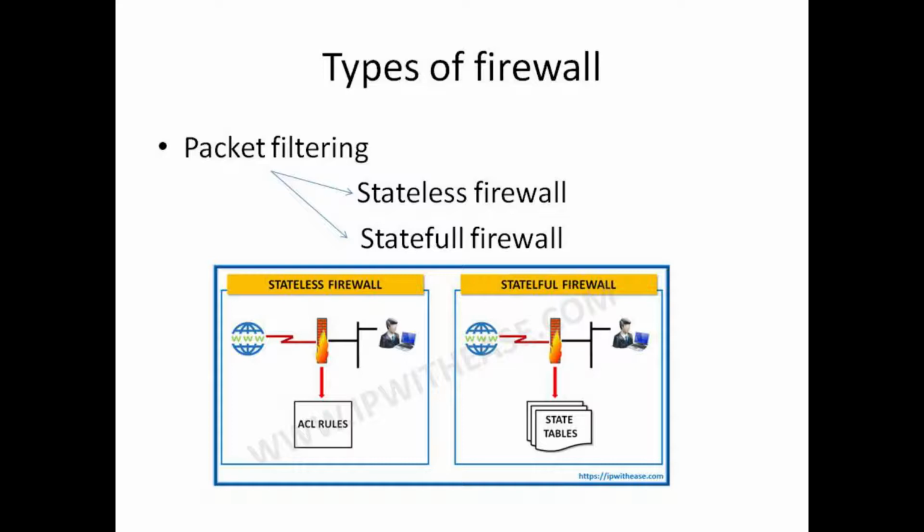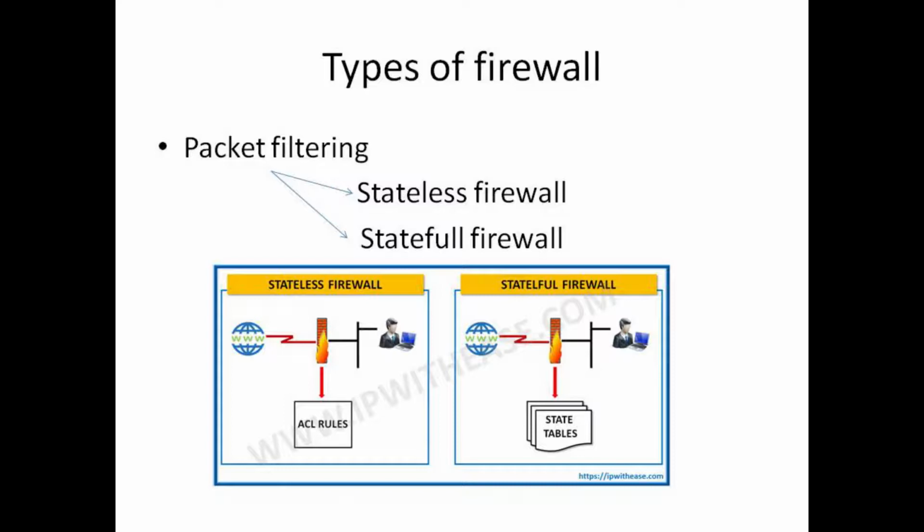Let's say packet filtering, which is a network firewall. It monitors each and every packet of the traffic that comes in and goes out of the network. Basically, it will open the packet and see what is inside. Based on that, it will allow or deny the traffic.